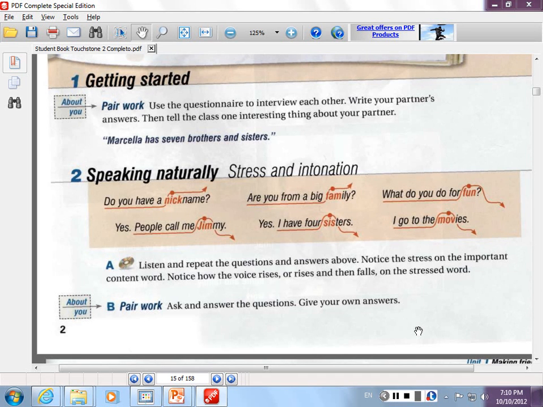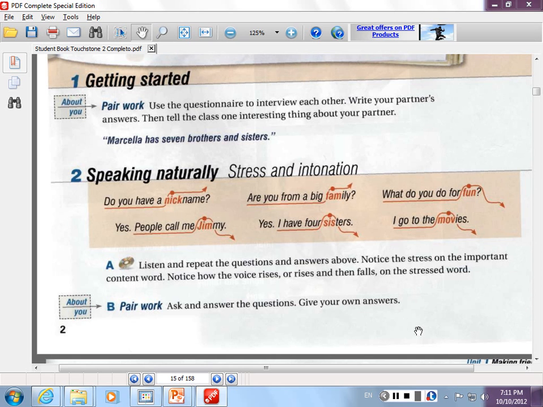For example, do you have a nickname? This is the first one. So nickname. Okay. The second one, are you from a big family? So the important word is family. The next one, what do you do to have fun? Okay, this is another important word. The next one, yes, people call me Jimmy. Another important word, yes, I have 4 sisters.